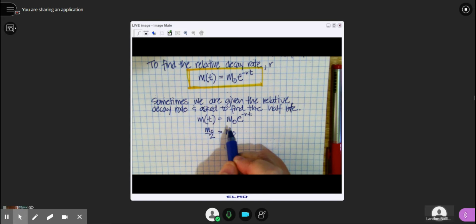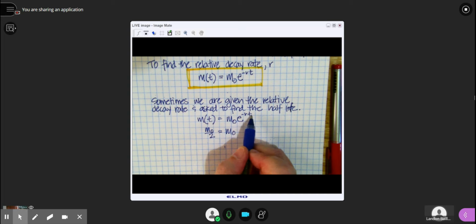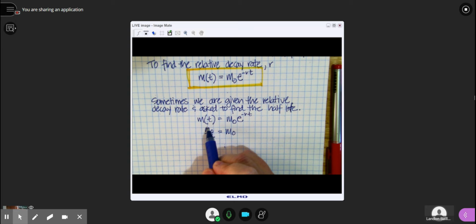If we want a half-life, then the amount left is going to be 1/2 of the initial amount, or m0 divided by 2.